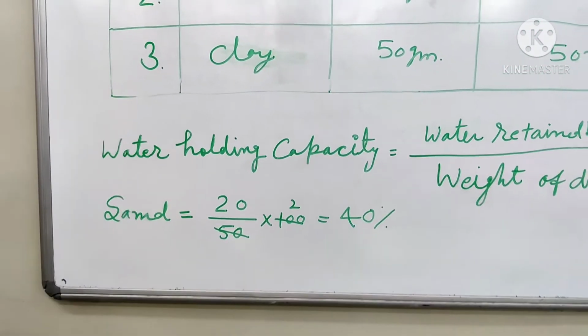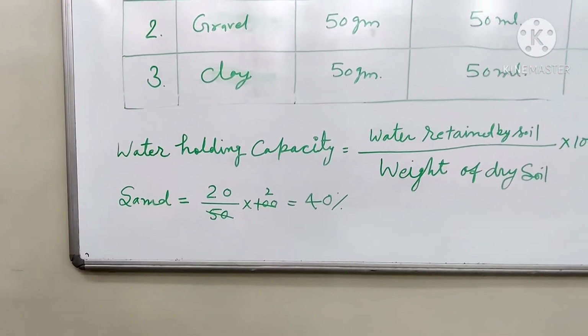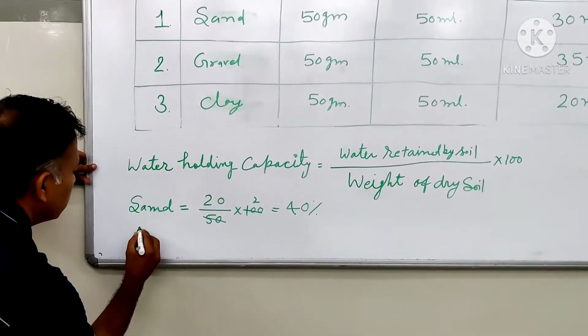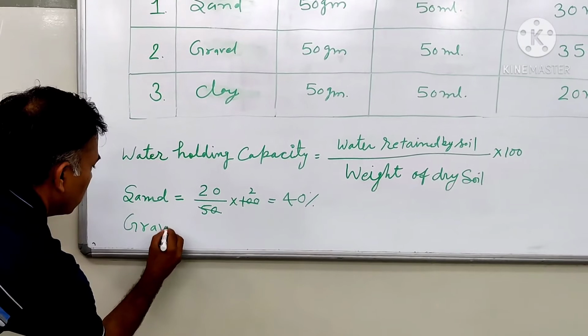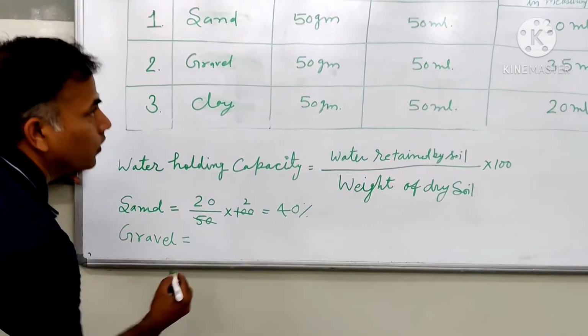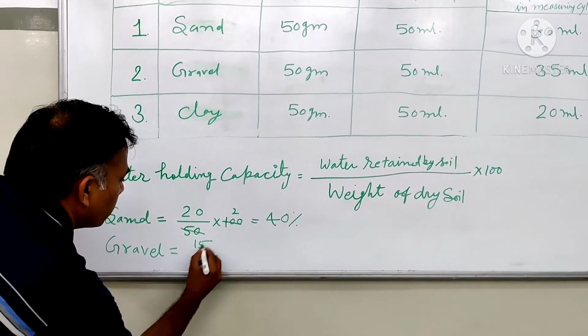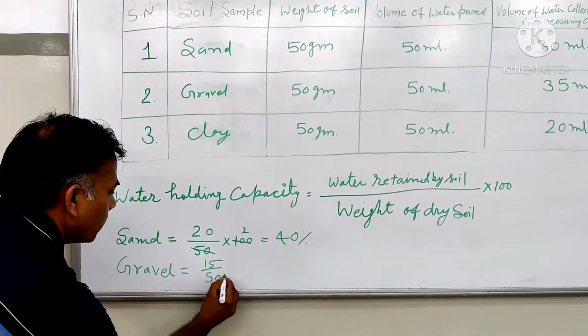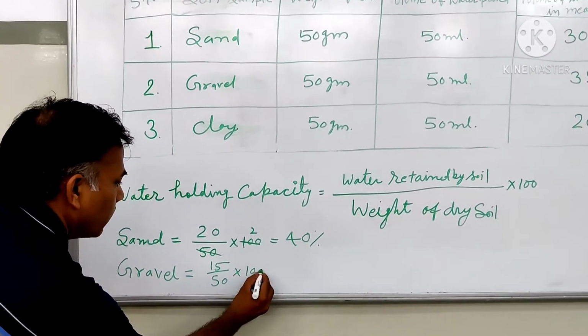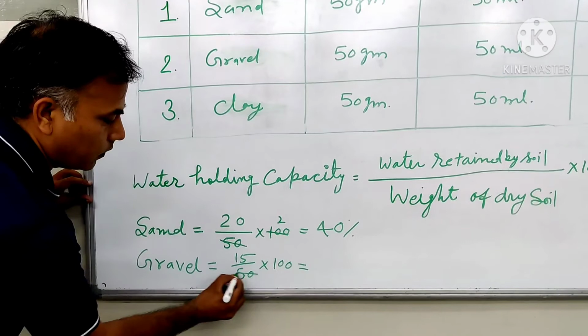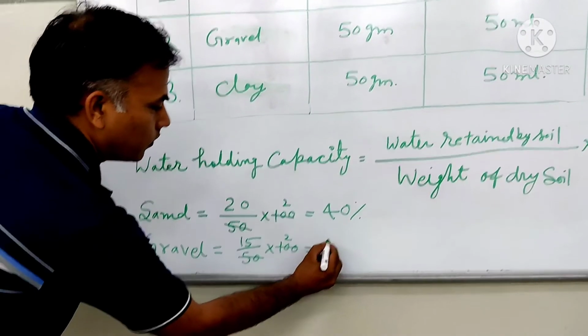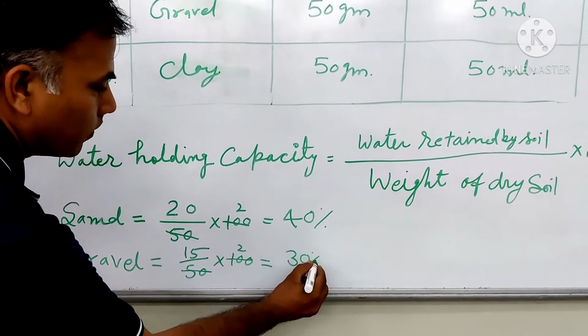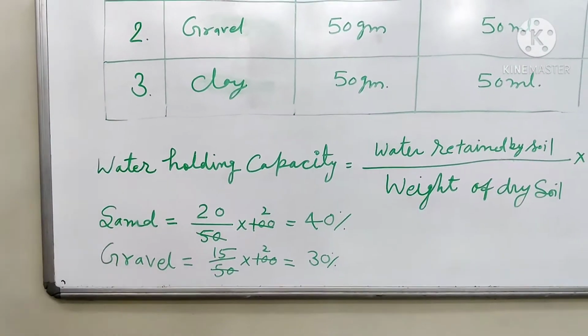The water holding capacity of the sand soil is 40%. Okay. For the next, for the gravel, water held was 15 ml, then weight of the soil 50. So the water holding capacity of the soil was 30%.